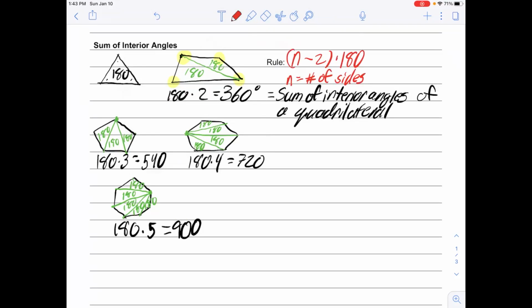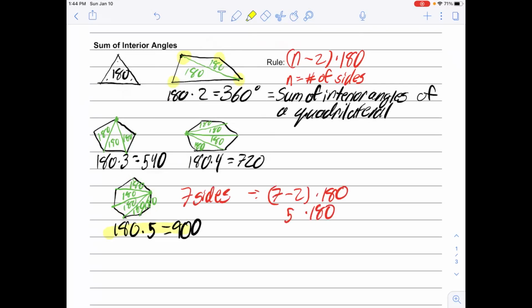Anytime we find a polygon, all we have to do to figure out how many degrees are in its interior angles is we take the number of sides. So like our heptagon here has 7 sides. So for 7 sides, we do 7 minus 2 times 180, or 5 times 180. That's exactly what we got by drawing triangles. So either way works. We can either draw triangles or we can use this rule.